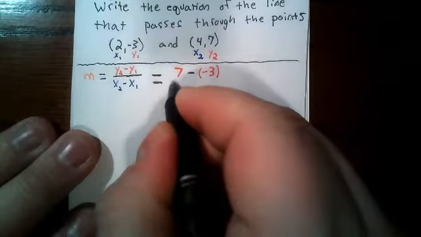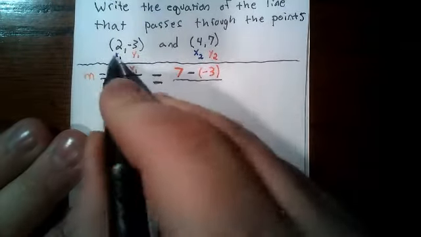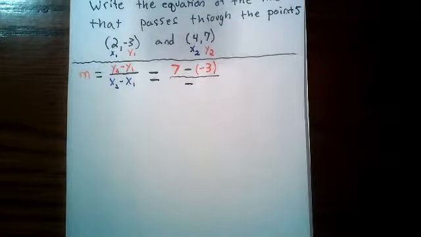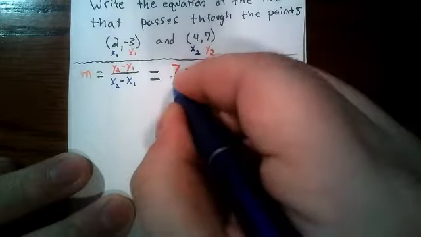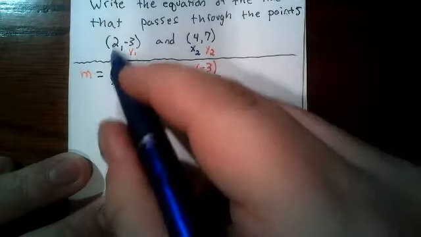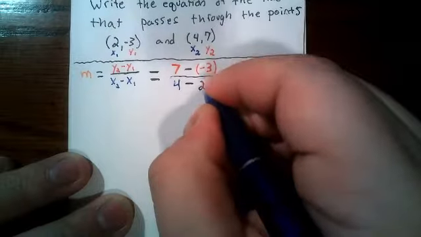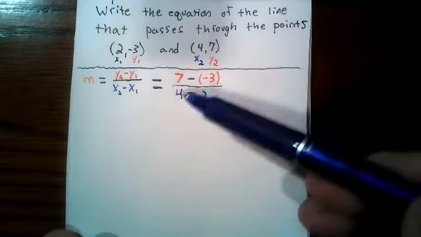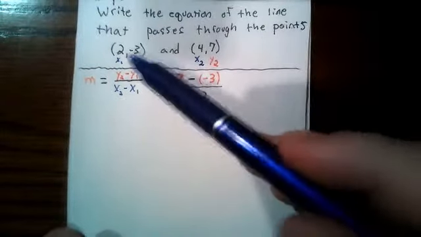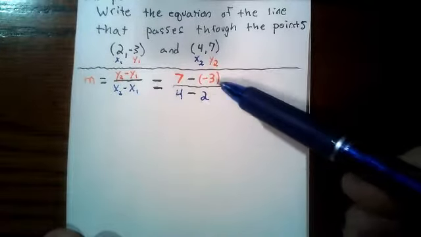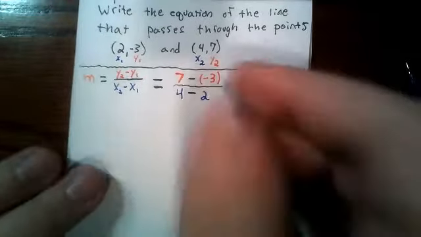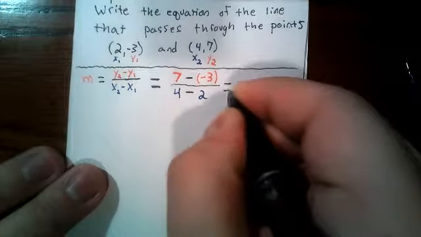And that's all over x2 minus x1, which is going to be 4 is my x2 value, minus 2. And you can always double check whether or not you used your points correctly, because this is the point (4, 7), so I should have a 4, 7. This is (2, -3), should have 2, -3. And now that we have these numbers down, we're just going to use some arithmetic.